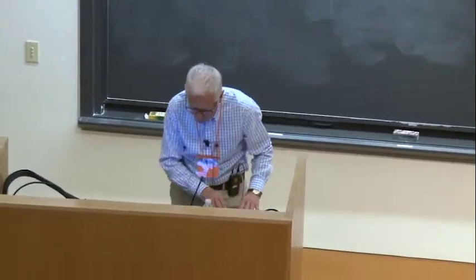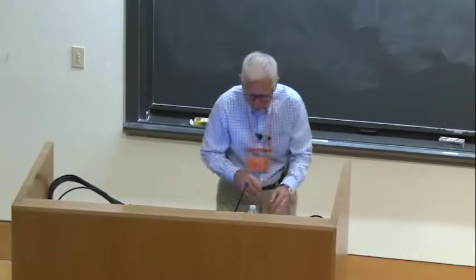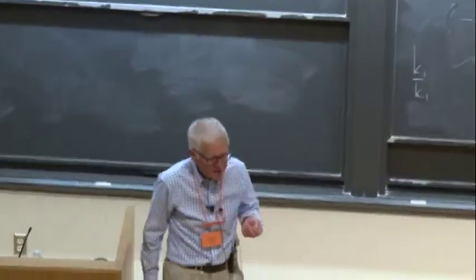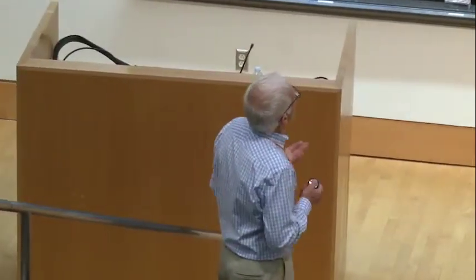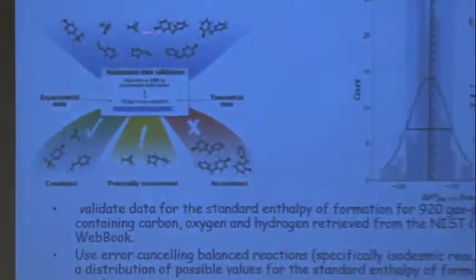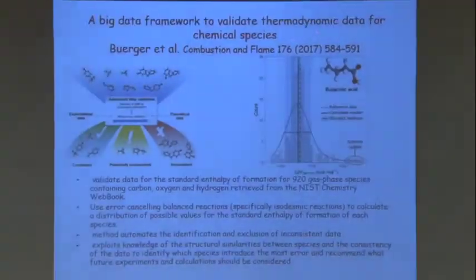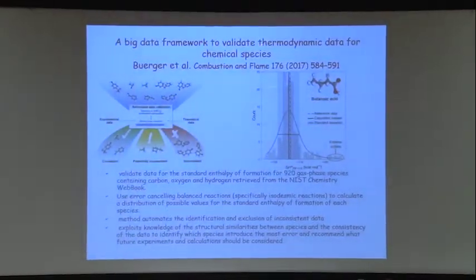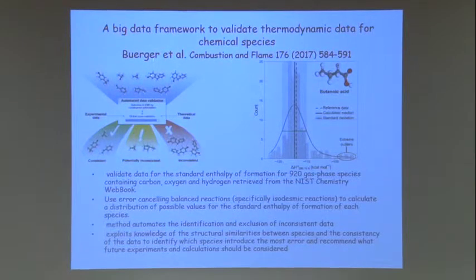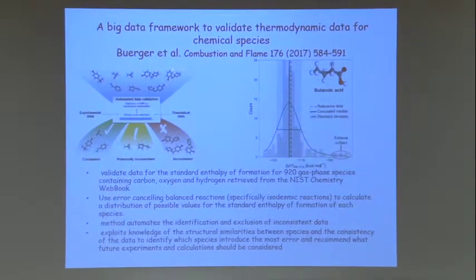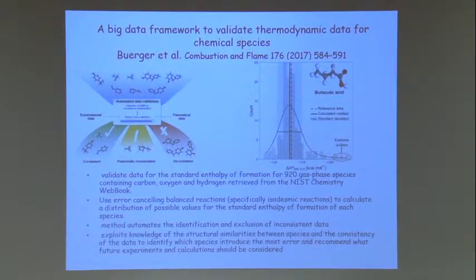Okay, a couple of issues here. So this is another approach. This comes from chemical engineering in Cambridge, a big data framework to validate the thermodynamic data for chemical species.